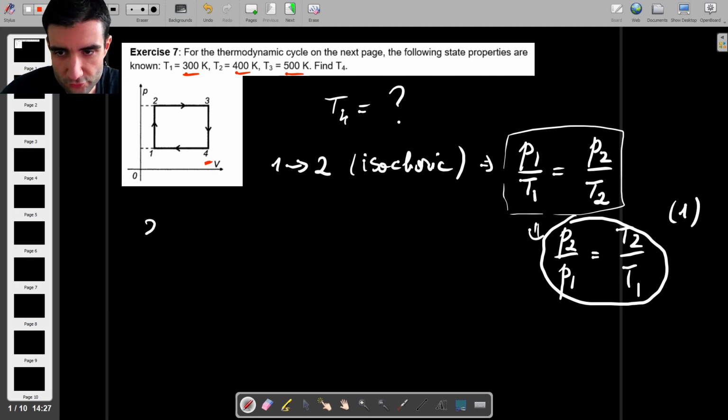Let's move on to the next process, which is 2 to 3. And 2 to 3 this time is an isobaric process, so this is constant pressure.